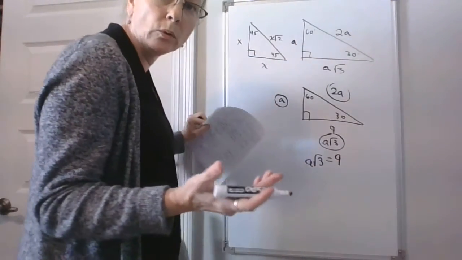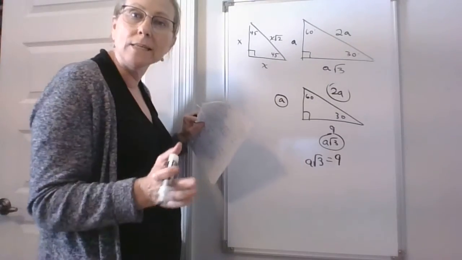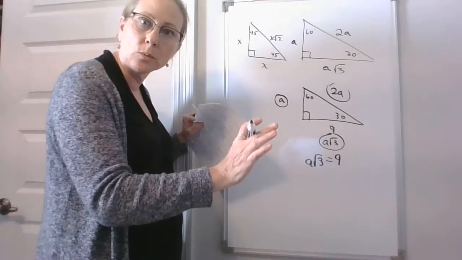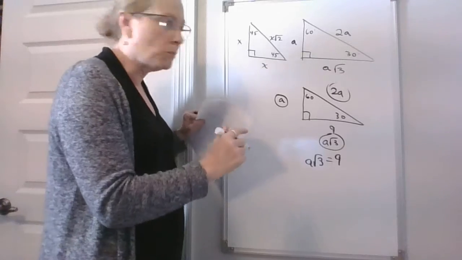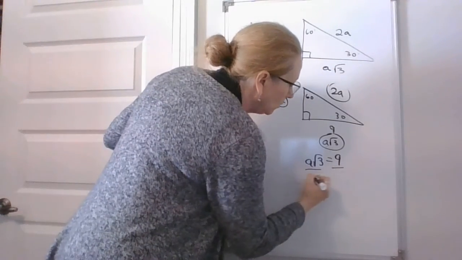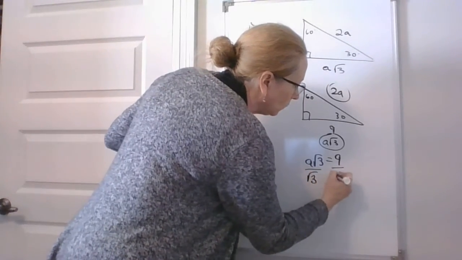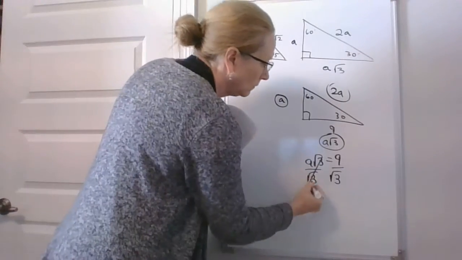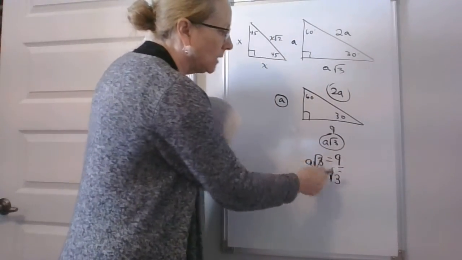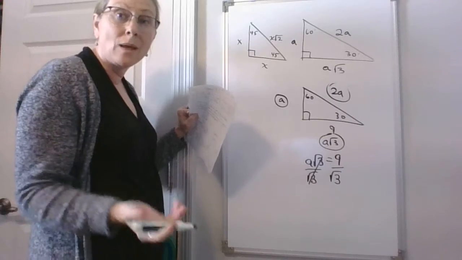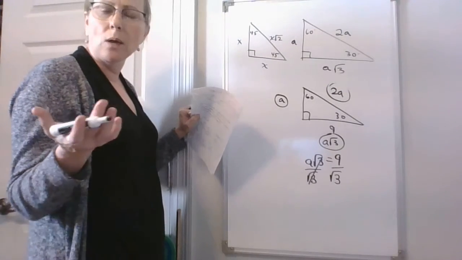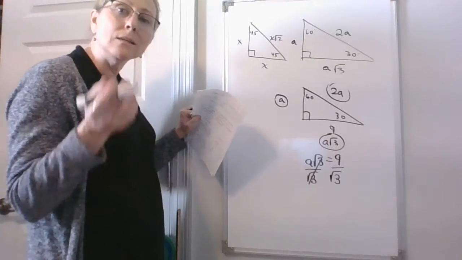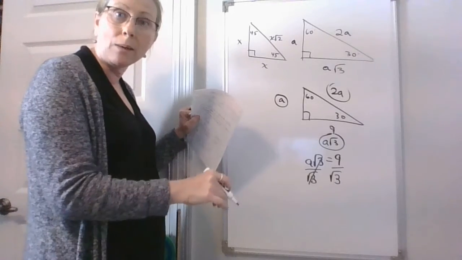Now, what you learned was rationalizing in the first section that we did last week so that you could handle this problem. First thing you do is divide by root 3. So that means A is 9 over root 3, but it's not rational. And when I say it's not rational, what I mean is it has a radical in the denominator.